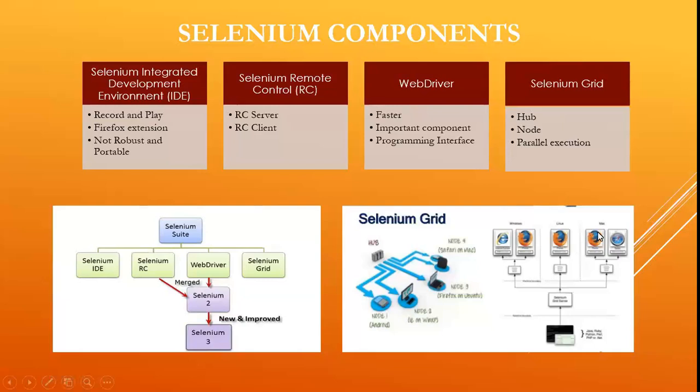So different browsers on different platforms we can work with. This is Windows, this is Mac. These are the Selenium Grid benefits, and we can do parallel execution. This is the main advantage of Selenium Grid.